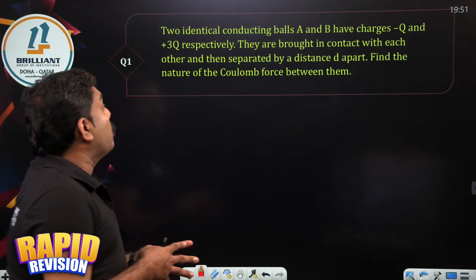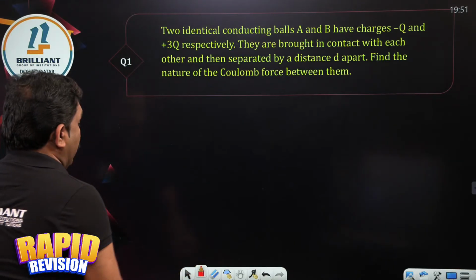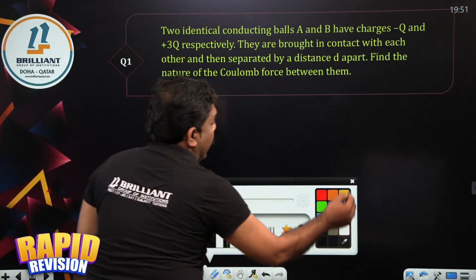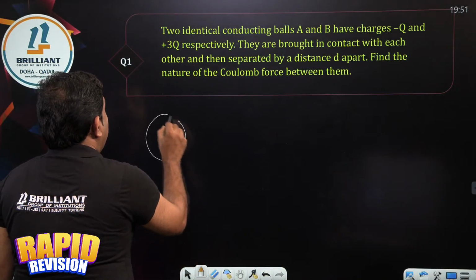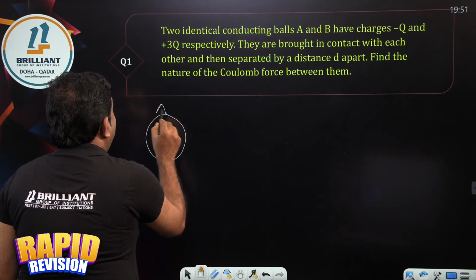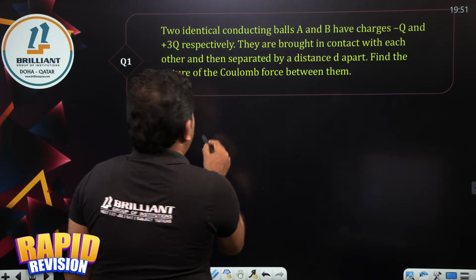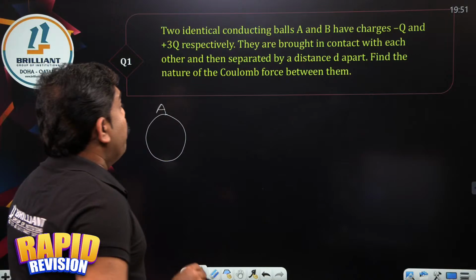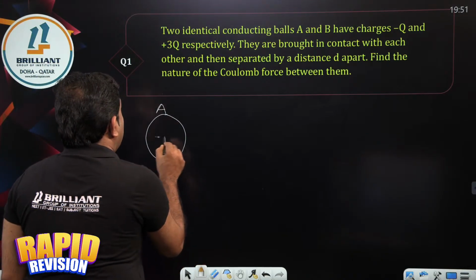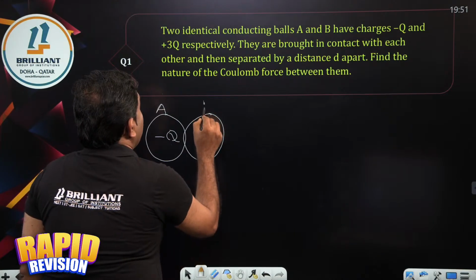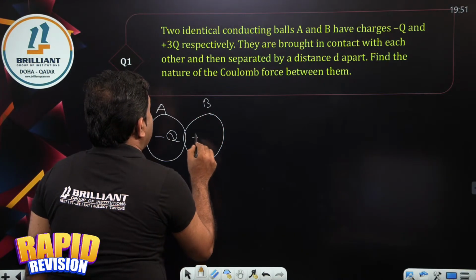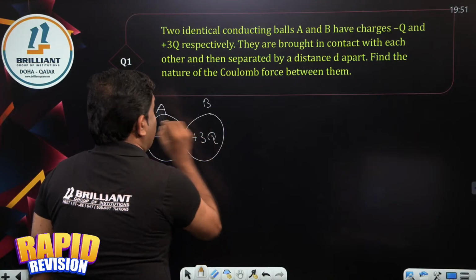Find the nature of the Coulomb force between them. Two balls are there, ball A and ball B. Ball A has charge minus Q and ball B has charge plus 3Q.